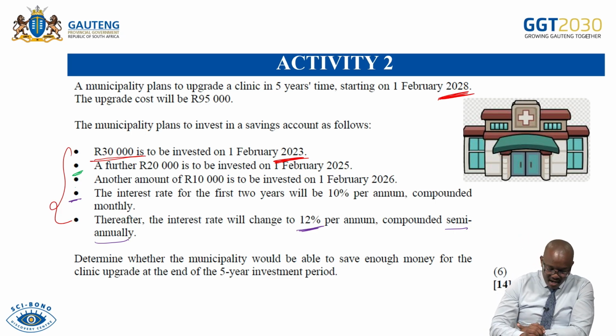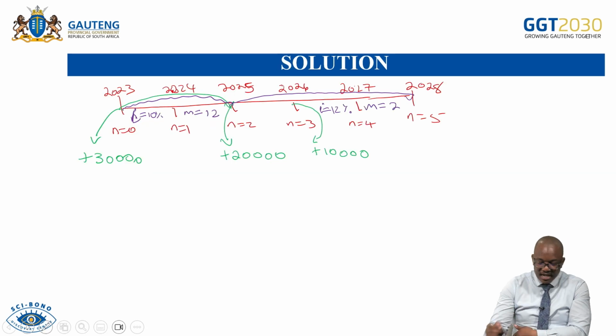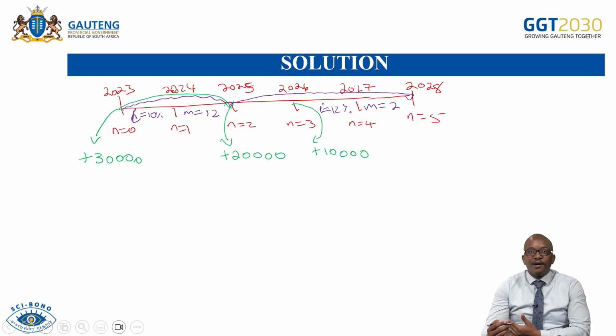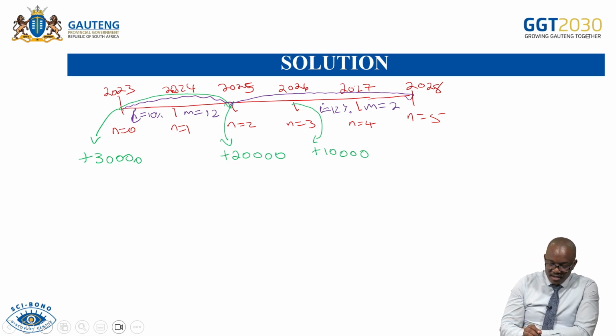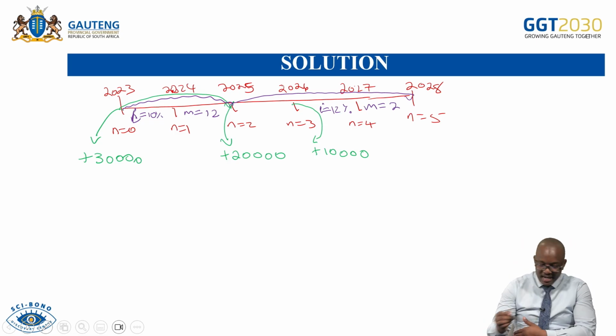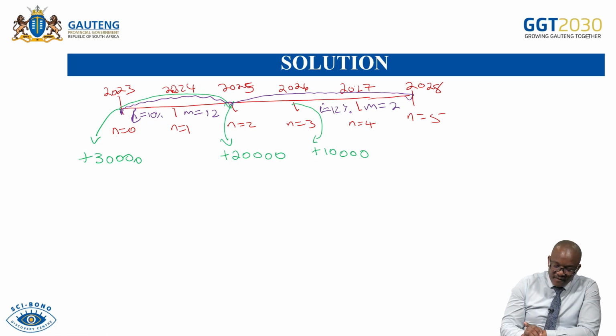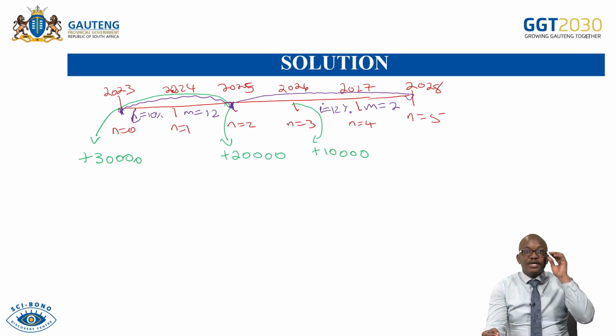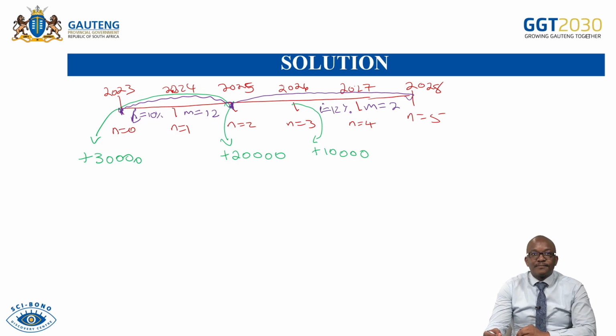So now, I believe by this timeline you understand how you have to calculate your investment. It means we have to firstly calculate the investment for the first 2 years. Then after that, we add our 20,000.